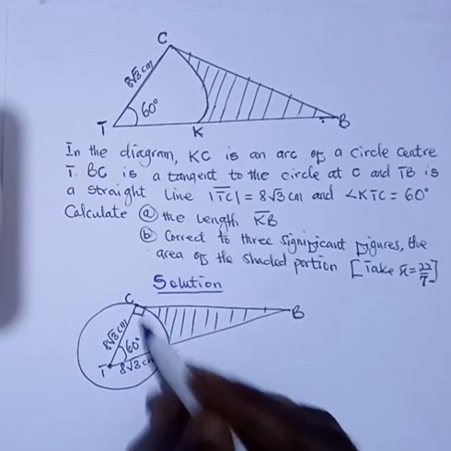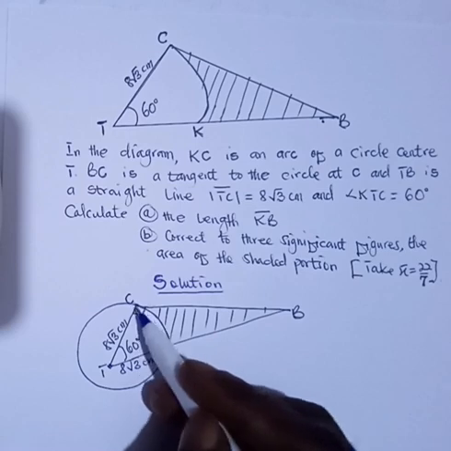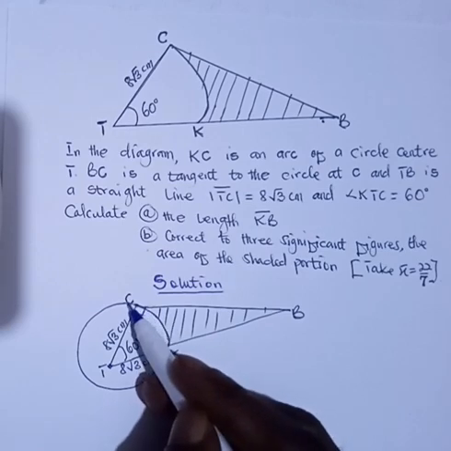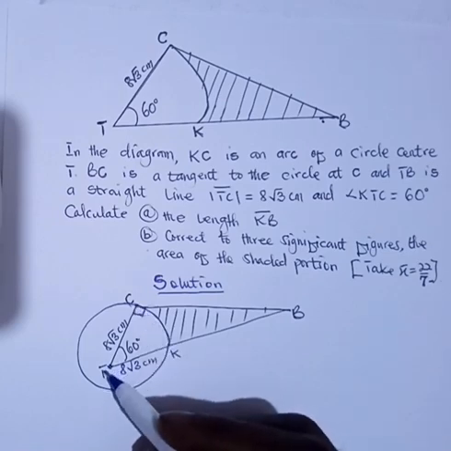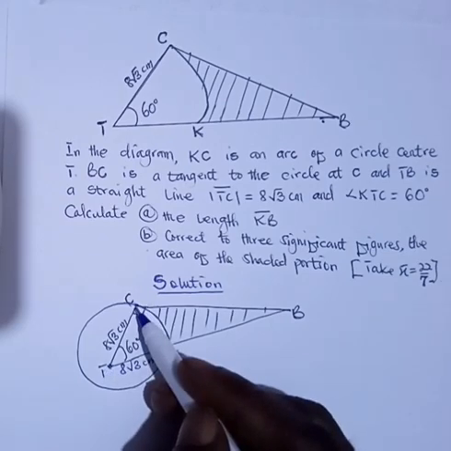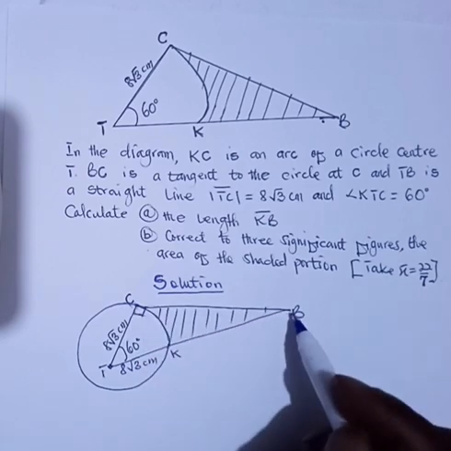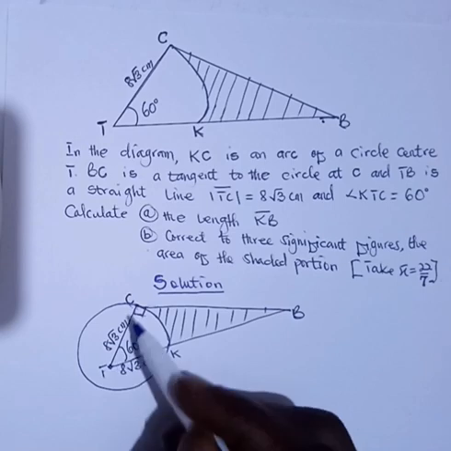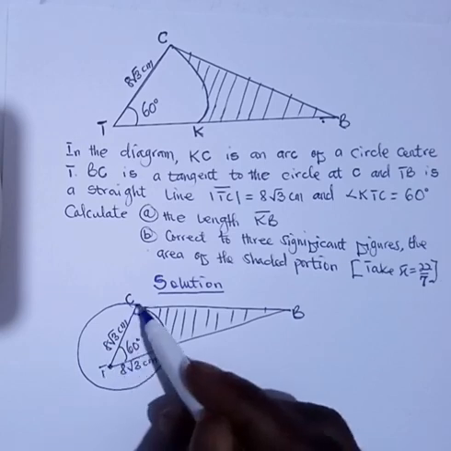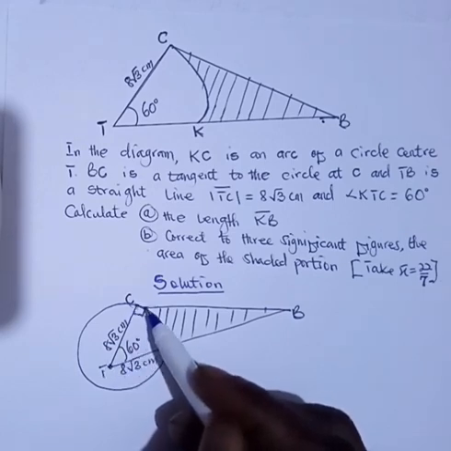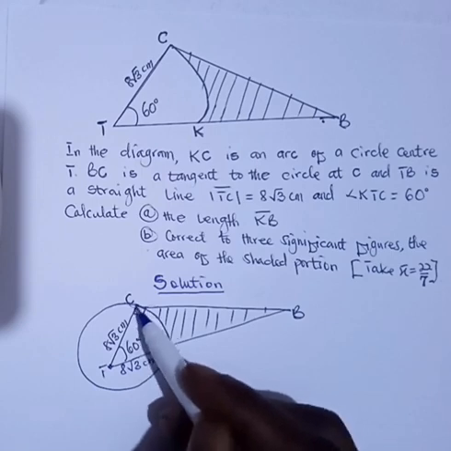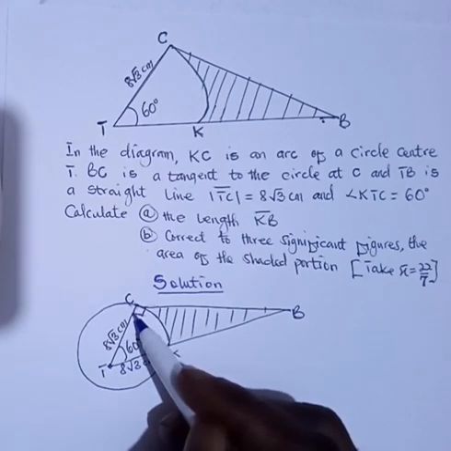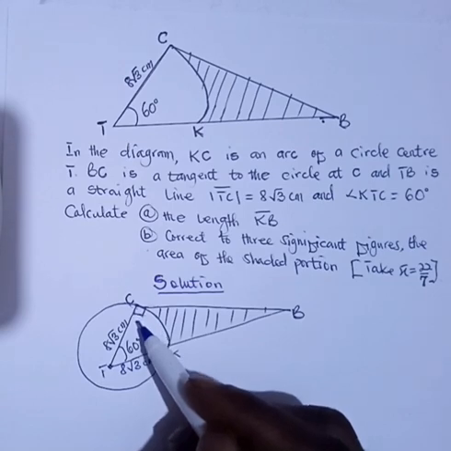So here will be a right angle, because this line is a tangent line. Then it is perpendicular to what? To line TC. If BC is a tangent line, then it is perpendicular to line TC. And for that matter, the angle formed at their point of intersection is a right angle, that is 90 degrees.